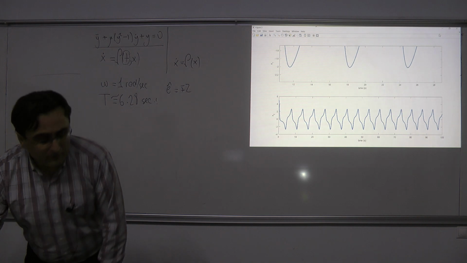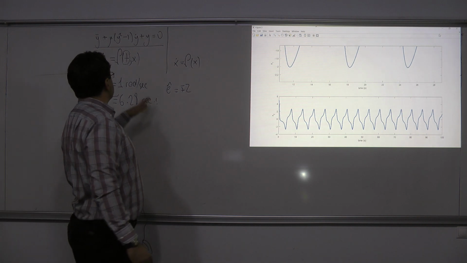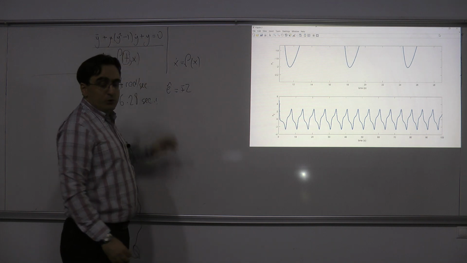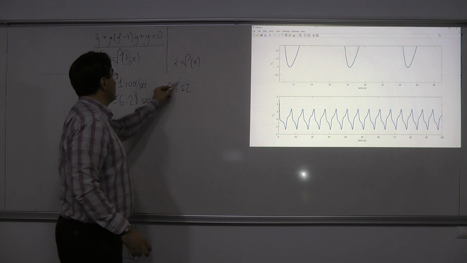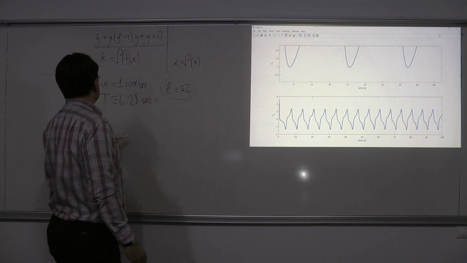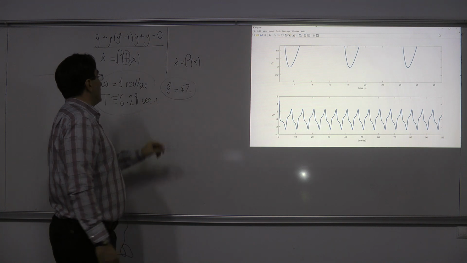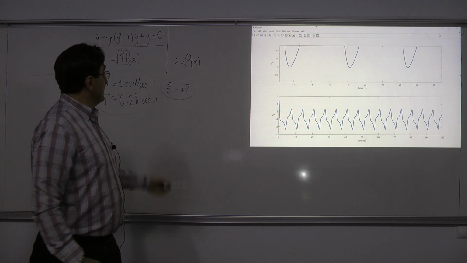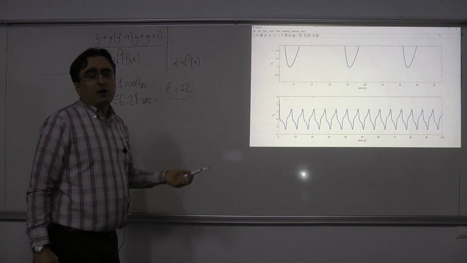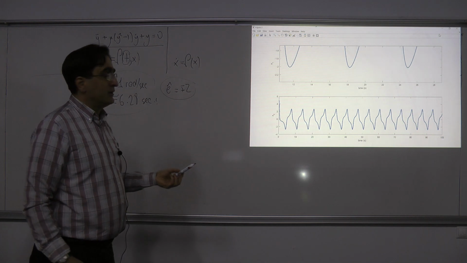So remember that these results were independent of mu. We have seen in the describing function analysis that this amplitude was independent of mu. Furthermore, this frequency and period were independent of mu. So I might wonder if this is true in reality.